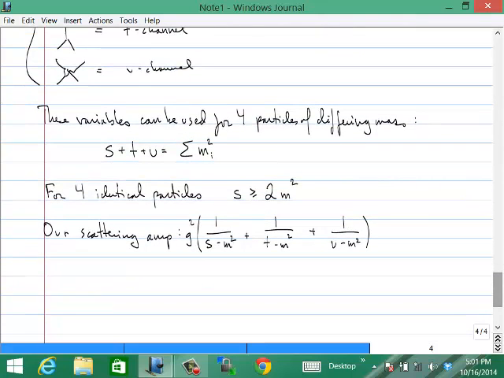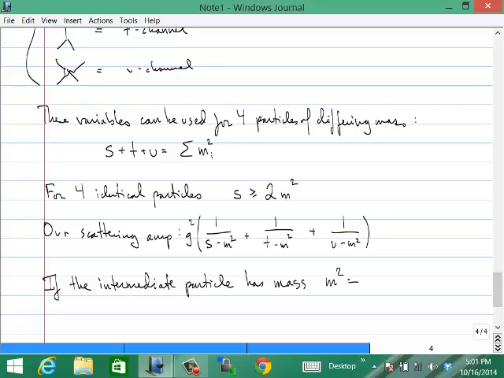So you can see that that does indeed have a pole at S equals m squared, but you could never actually reach that pole when you have 4 identical particles. Okay. So if the intermediate particle is one of the original particles with mass m squared, then the pole at S equals m squared is unobservable.